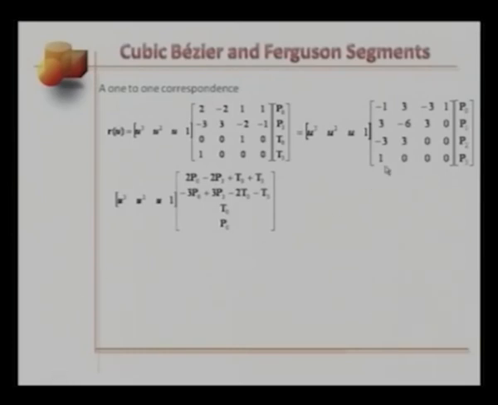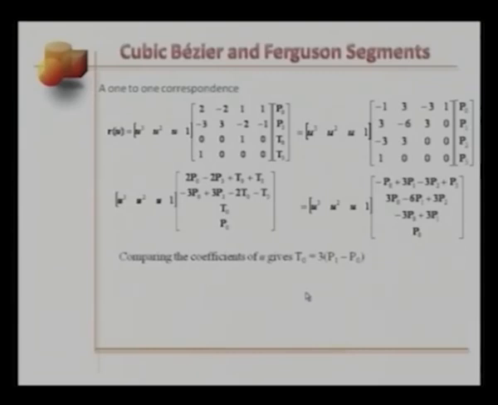Likewise, we do the same here. We multiply these two matrices to get the first term as minus p sub 0 plus 3p1 minus 3p2 plus p3, then 3p0 minus 6p1 plus 3p2, then minus 3p0 plus 3p1, and p0.